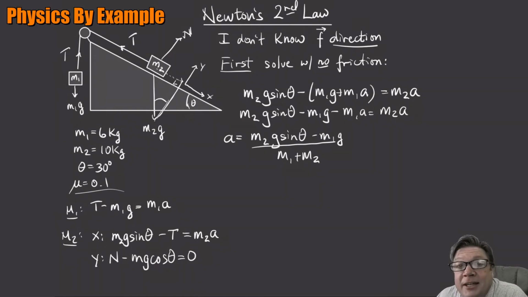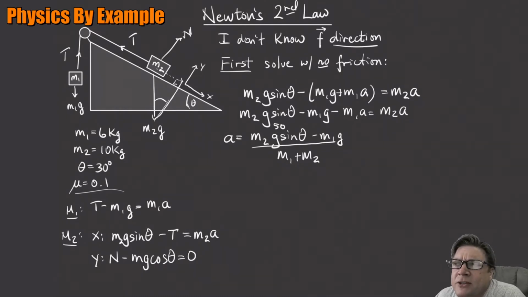It's modulated by this plane, so I multiply it by sine theta. If theta is 30 degrees, sine of 30 is a half. So the force of gravity down the plane is only half of the normal weight of m2g, is the way to interpret that first term. m2 is 10, so this is going to be 50. If you plug in the numbers, that first term is 50 newtons. That's the strength of gravity trying to pull m2 down the plane.